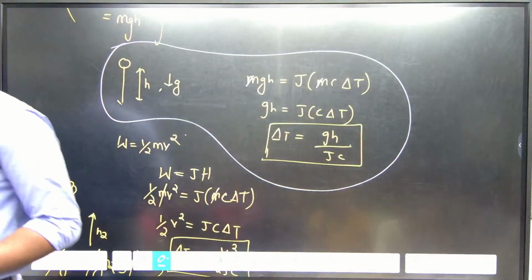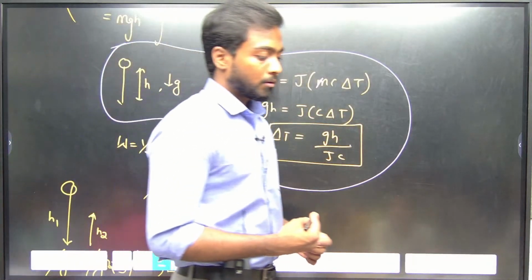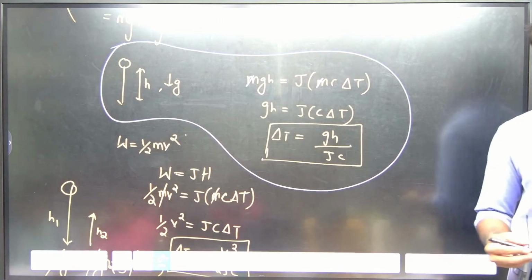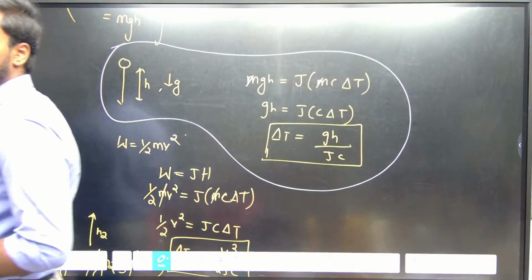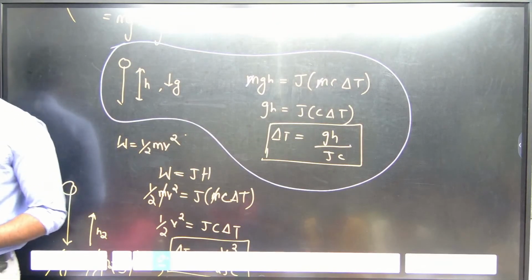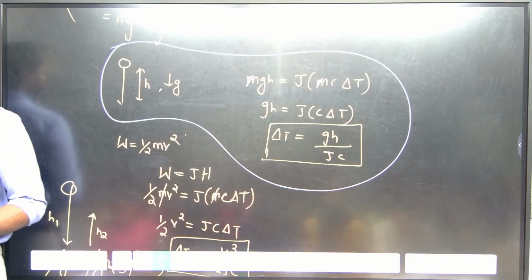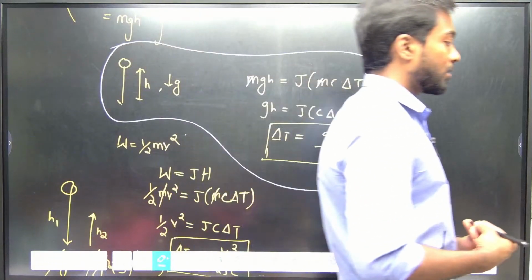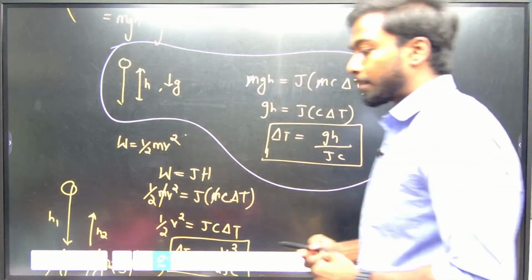Application 2: when a mass m is falling from height h1 and rebounds back to height h2, then find the change in temperature.